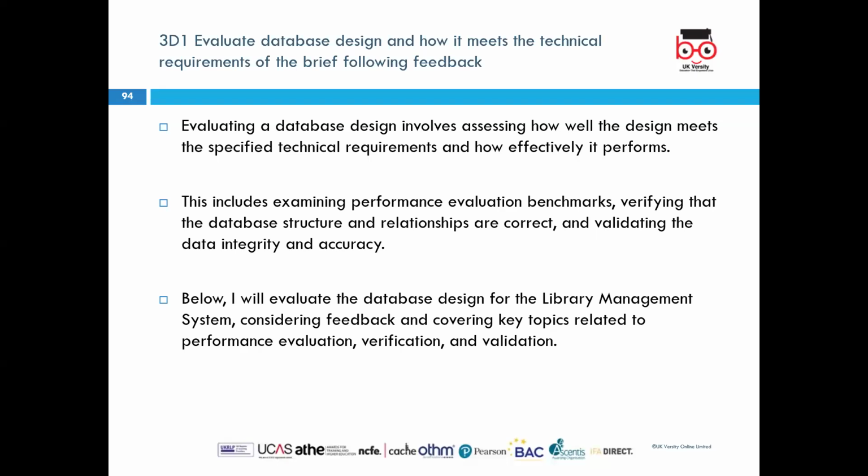So we've now presented everything, and we now have to ensure that our work can be delivered to our stakeholders. Based on the feedback that we've been given, this has to now include examining performance evaluation, verifying that our database structure and the relationships are correct, and we also have to be validating data integrity and accuracy.